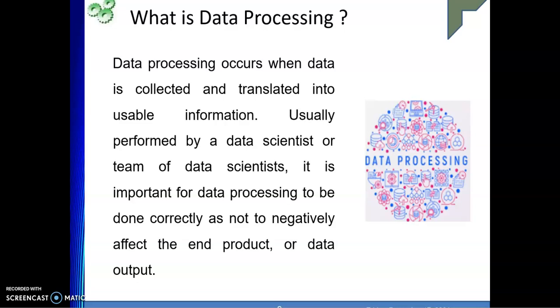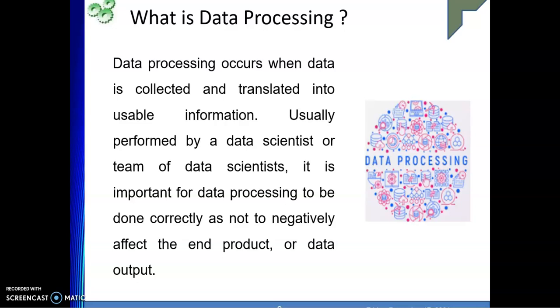Usually, data processing is done by data scientists or a team of data scientists, and it has to be looked into holistically so that whatever processing we are doing is very correct. Otherwise, it may have a negative effect on the end product, or we can say the output. What does it mean?